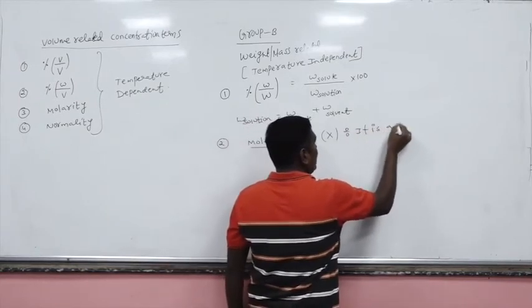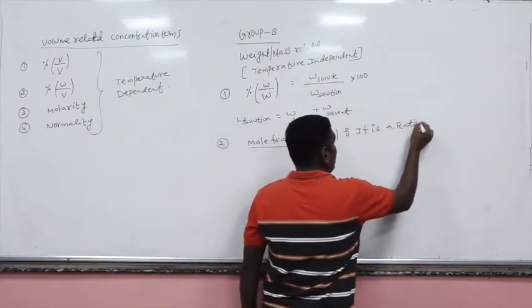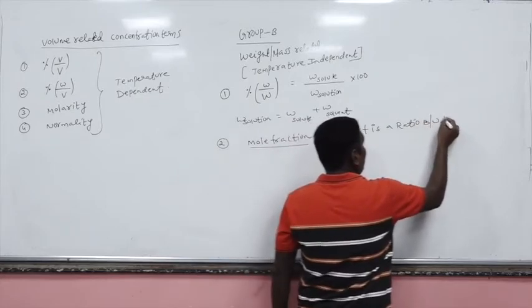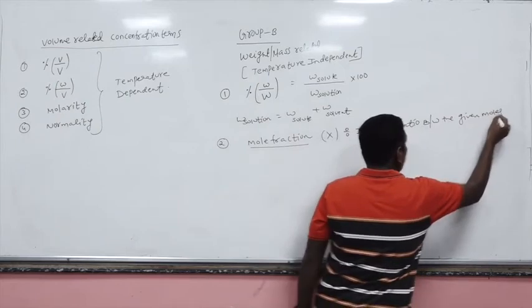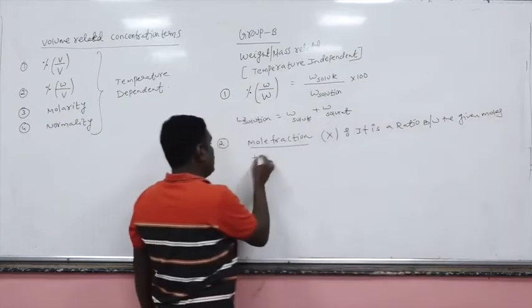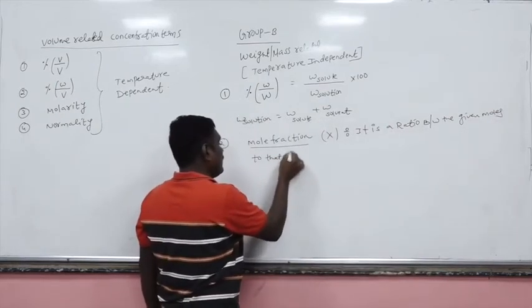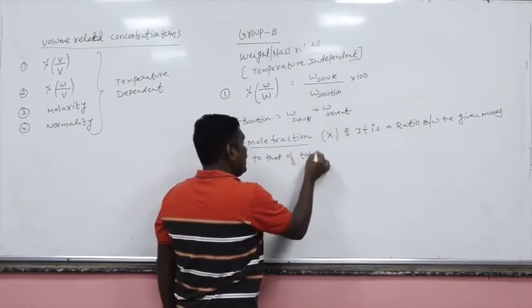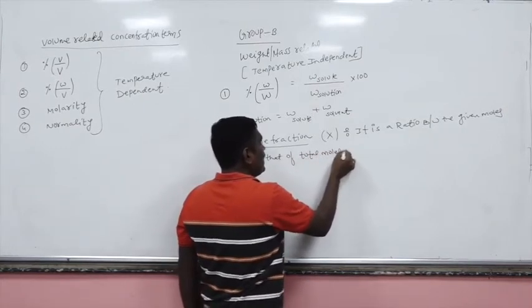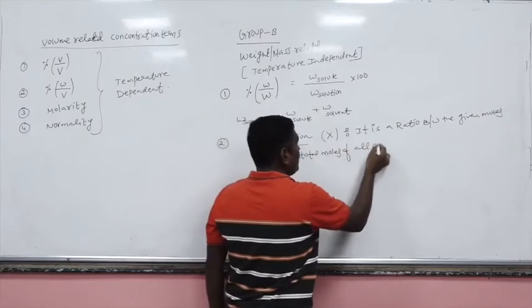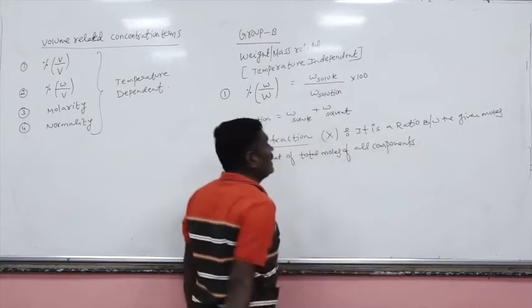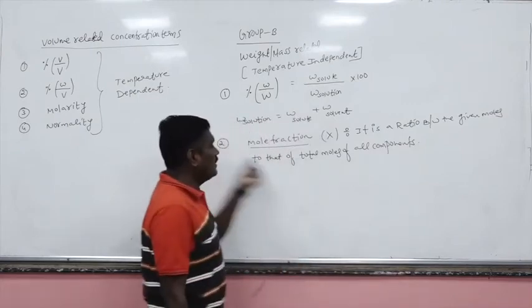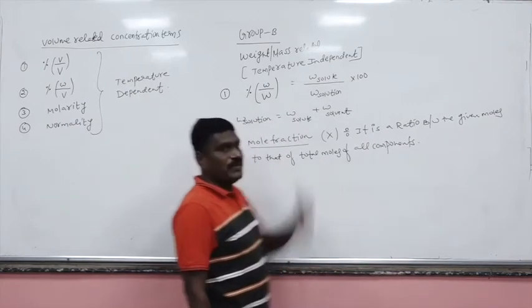It is a ratio between the given moles to that of total moles of all components. Given moles of a particular component to that of the total moles of all components.